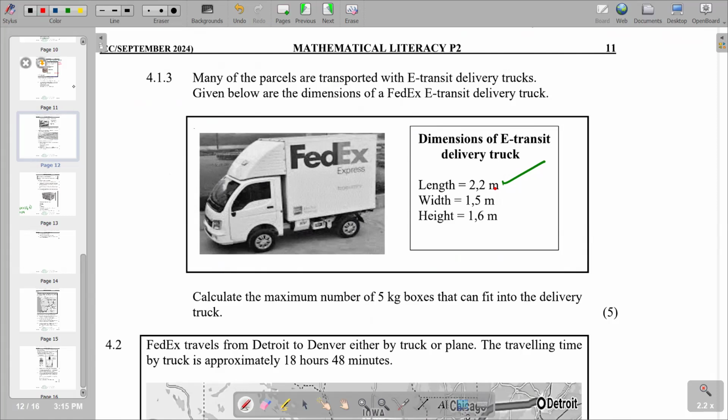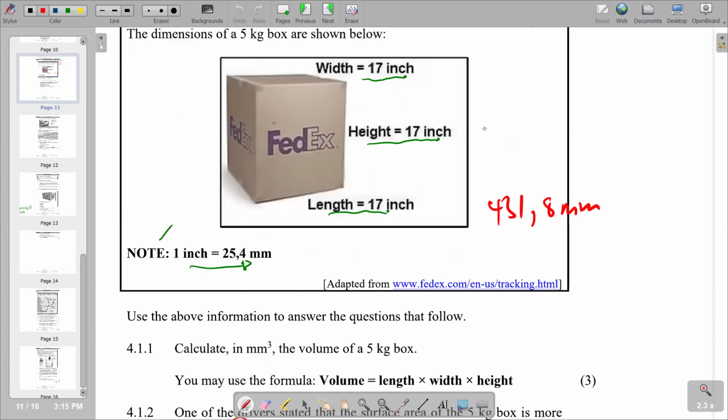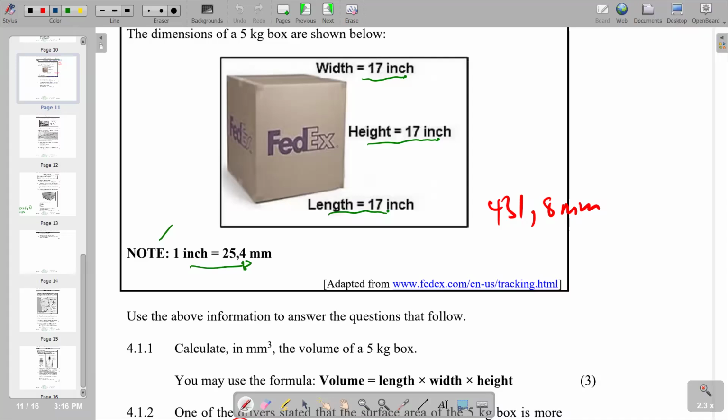So basically, what we are saying is 1 meter is equal to 1,000 millimeters.